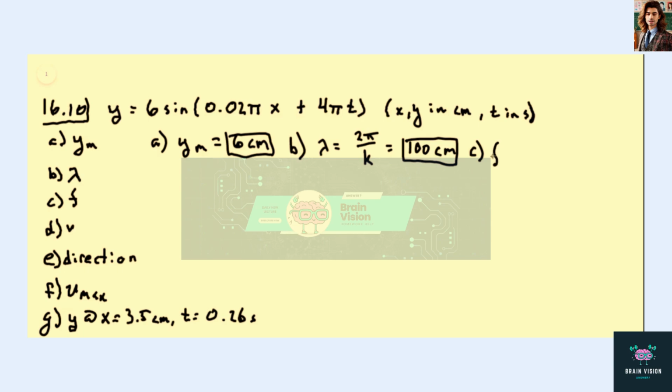For the frequency, we know that the frequency is the angular frequency divided by 2 pi. The angular frequency here is 4 pi. So the frequency is going to be 2 hertz.